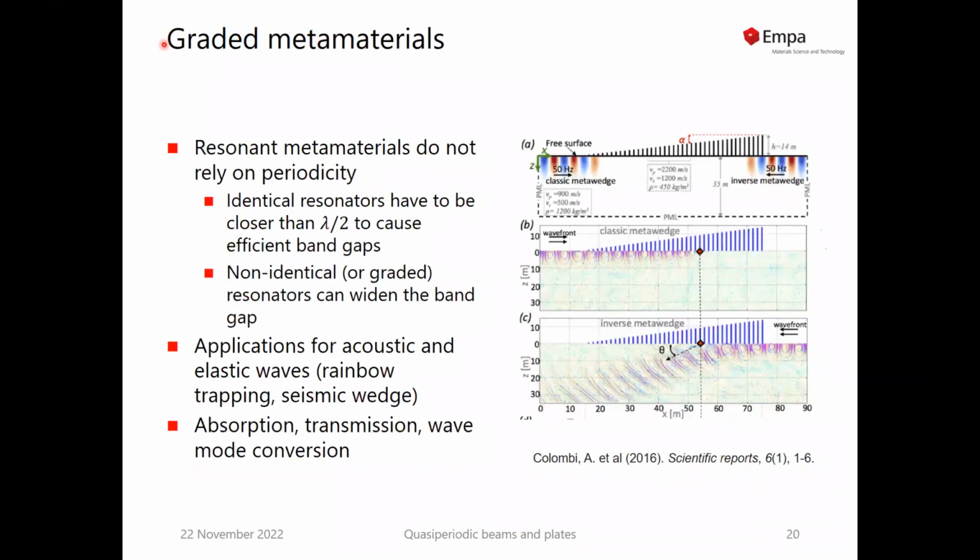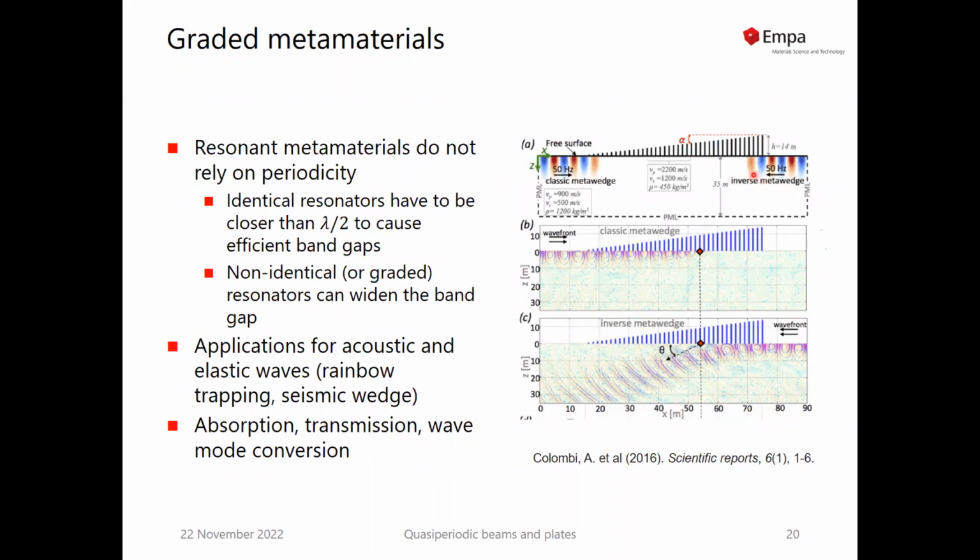Another well-known and not so young anymore in terms of metamaterials, from 2016 already, example of non-periodic metamaterials are the graded metamaterials, where you, for instance, place resonators, shown here as the black beams, with different lengths onto a host structure. What's the reason to do this?